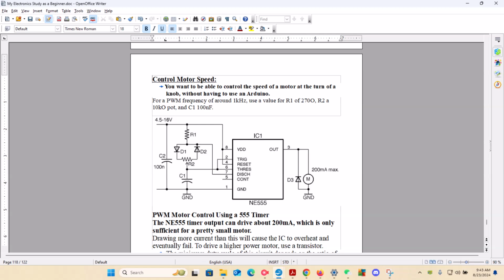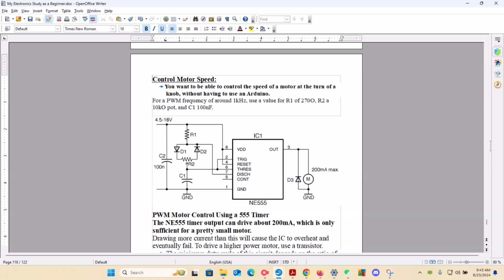Similar to the other one, the voltage range is between 4.5 to 16 volts. Just like before, you have two major paths. The first one goes to the capacitor, then after it's finished that function, it goes all the way to ground. For the second major path, you're going to go through resistor 1, and there are going to be two subpaths.